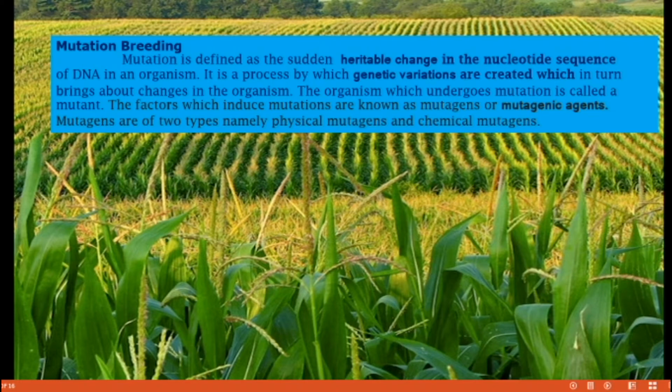Suppose we take this plant, and this plant goes through mutation. What happens? This plant we call a mutant. The plant which carries the mutation, where the mutation happened in the plant, we call a mutant. The factors which induce mutations are known as mutagens or mutagenic agents.